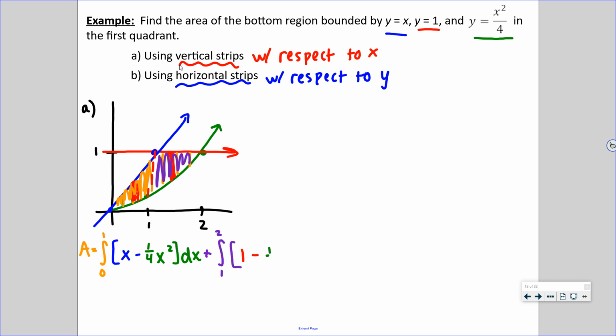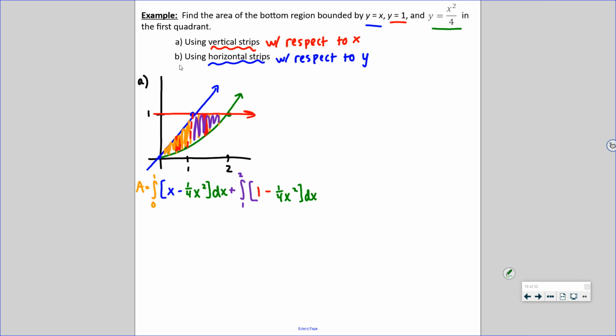Normally I wrap different functions in parentheses, but since they are all single terms, we don't really need to. Let's do these antiderivatives, and I'll just tell you the answer. Antiderivative of x is 1/2 x squared. Add 1 to the power, x cubed, divide by that, so 1/12 x cubed.